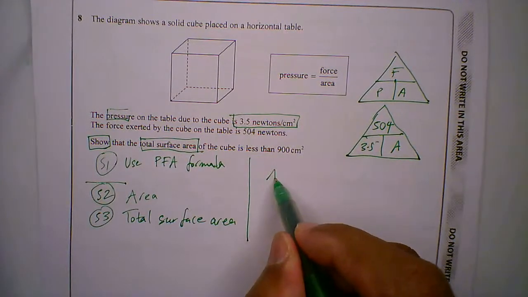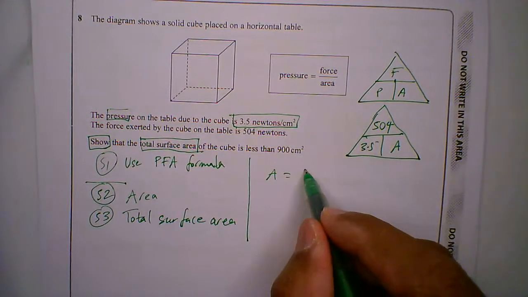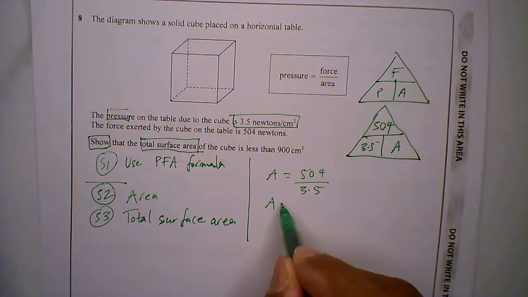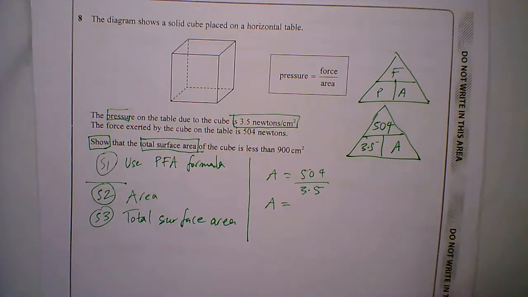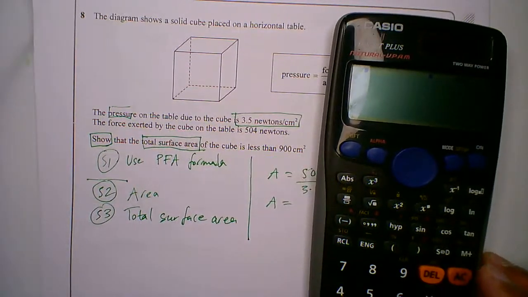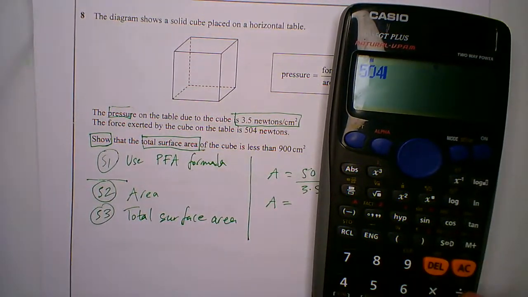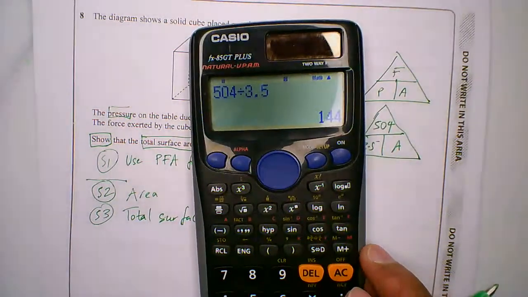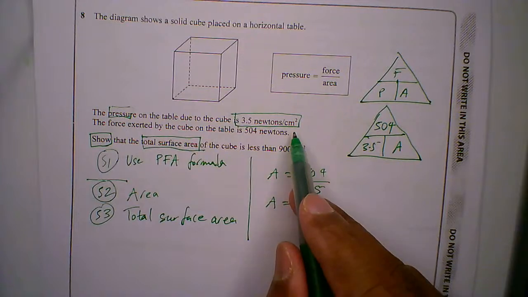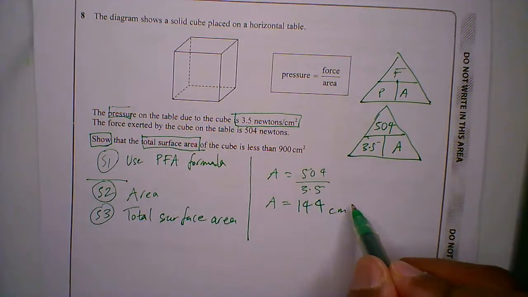So we've got our area there. So if we have 504 divided by 3.5, what does that give us? Let's get our calculator out. Gives us 144. And if we look at our units, it's centimeter squared.